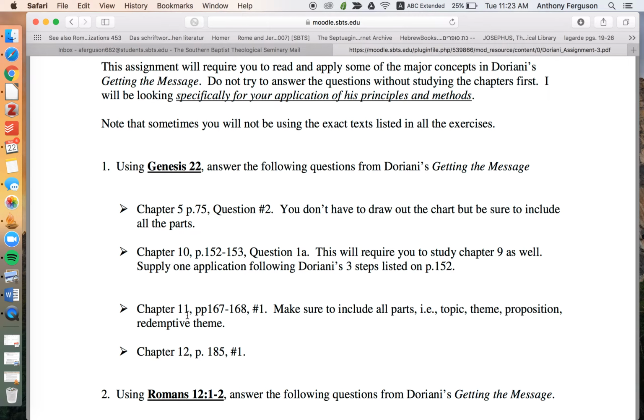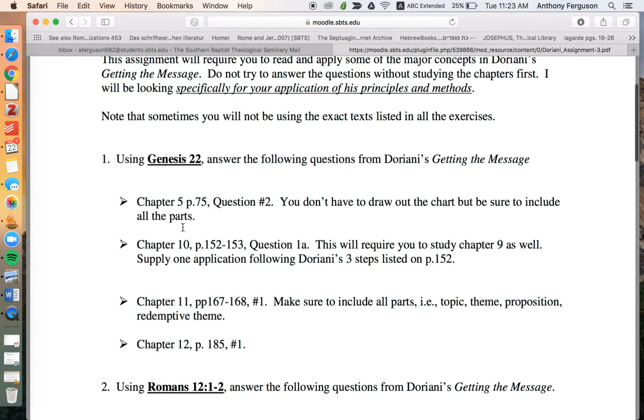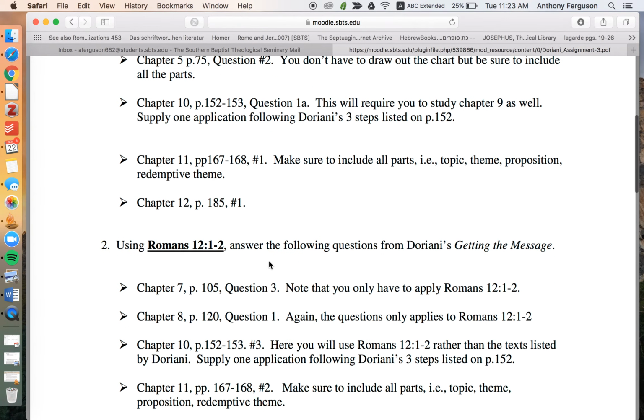Doriani discusses a fallen condition focus and a redemptive historical focus on page 174. I guess ideally one would be a fallen condition focus and the other would be a redemptive historical focus, but if they're the same, that's okay. So 14 parts to this question.